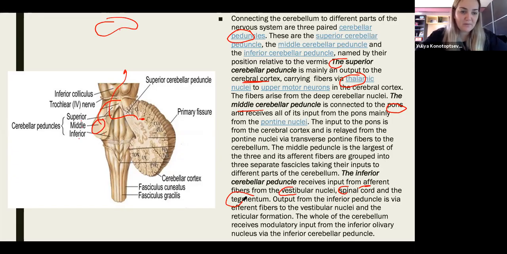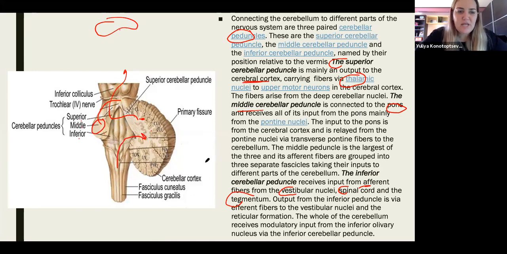So 4 areas are sending their fibers to the cerebellum through the inferior cerebellar peduncle. If I'm in the spinal cord and I want to send an axon to the cerebellum, I'm going to go through the inferior cerebellar peduncle into the cerebellum.